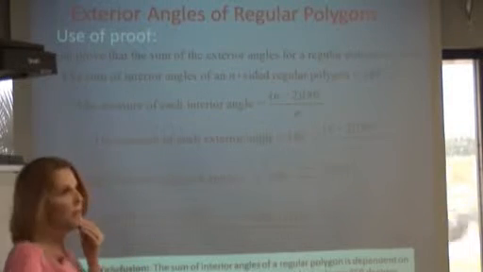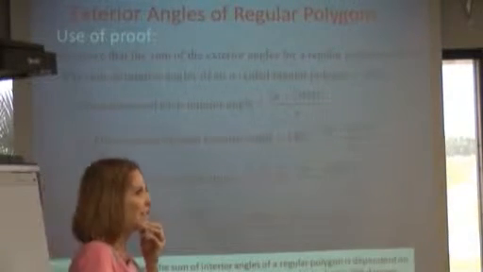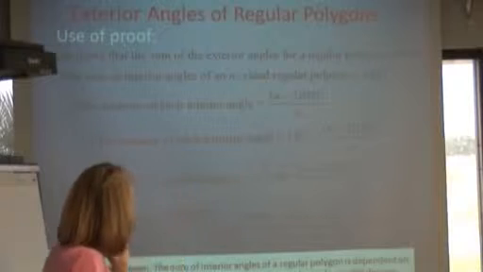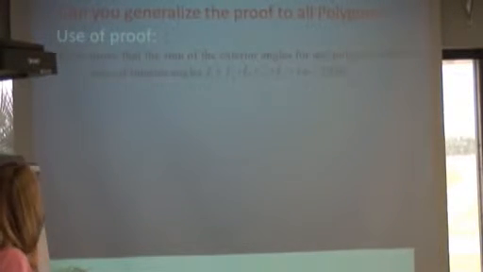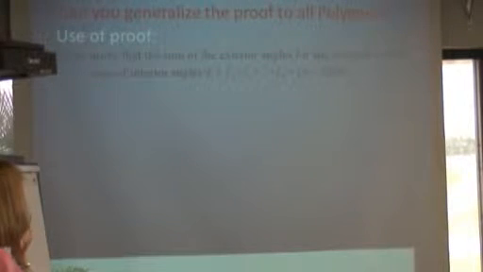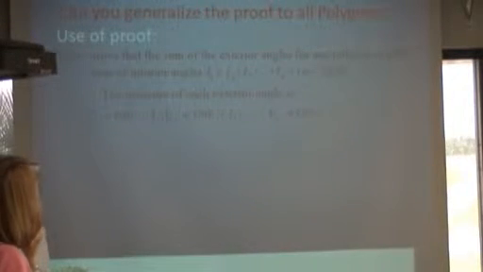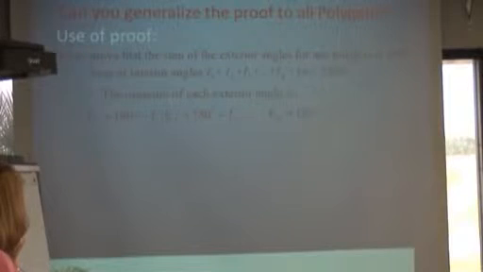Now that's just for a regular polygon, but then Leslie did the proof for any polygon, and did the sum of the interior angles, we already know, n minus 2 times 180, and then the exterior.